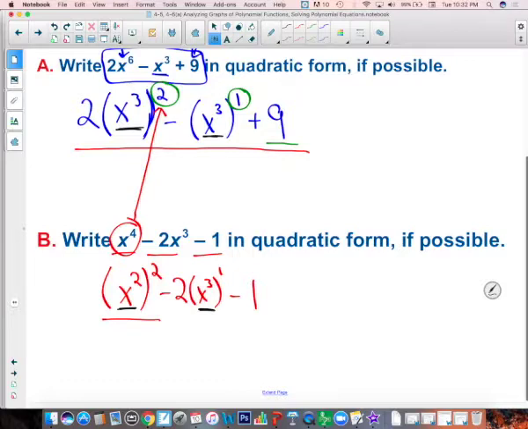Because there's no way that we can get this x squared to an x to the third like that. So this one wouldn't work, no solution. But the one up here, since we have the same number there, or same polynomial or term there, that one actually works. So you got to make sure when you're writing these in quadratic form that you use the same power of x there. Okay? And again, it's on page 277 if you want to review it later.